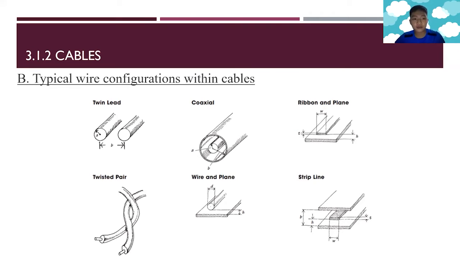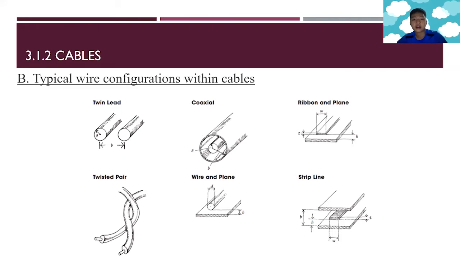The first one you see on the screen is the twin lead. Twin lead has two wires. The next is the coaxial cable.